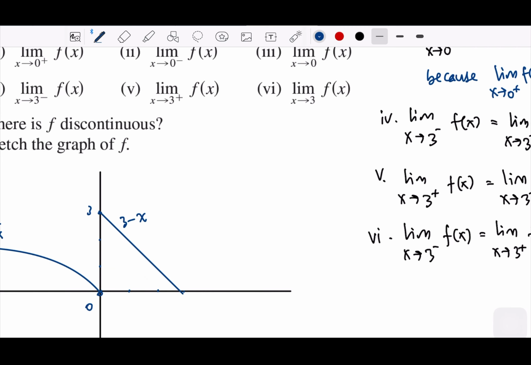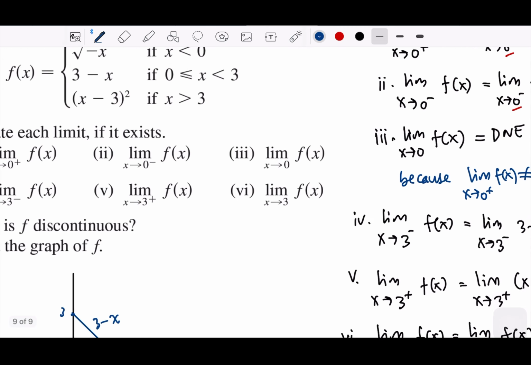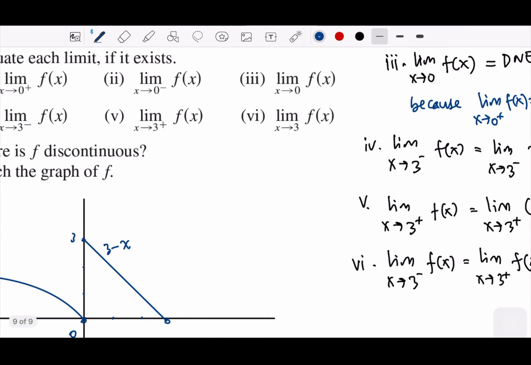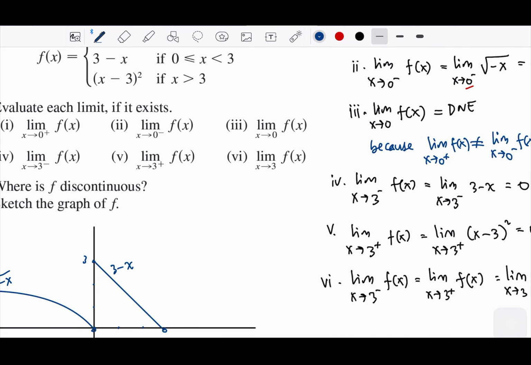3 minus x should be an open interval again. And then we have x minus 3 squared. This is just a regular x squared, but we move it to the right 3 units.